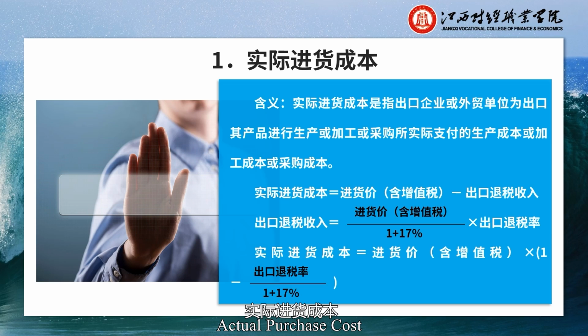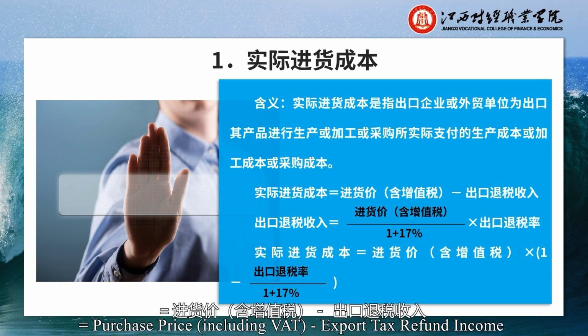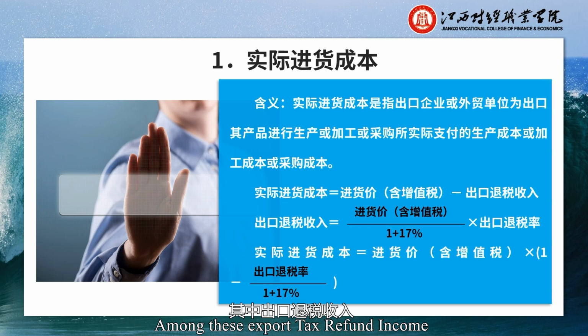Actual purchase cost equals purchase price, including VAT, minus export tax refund income. Among these, export tax refund income equals the purchase price divided by 1 plus 17% and then multiplied by the export tax refund rate.